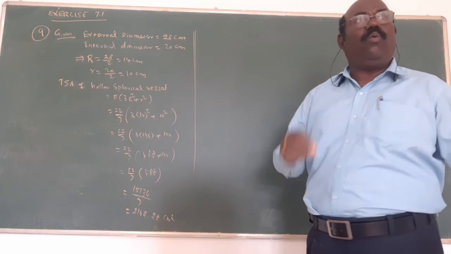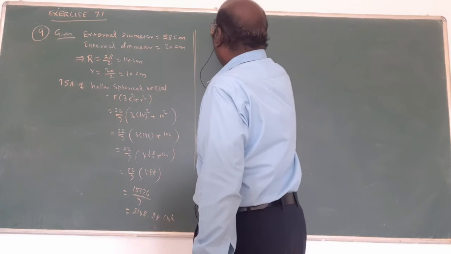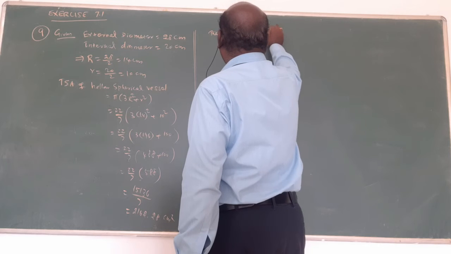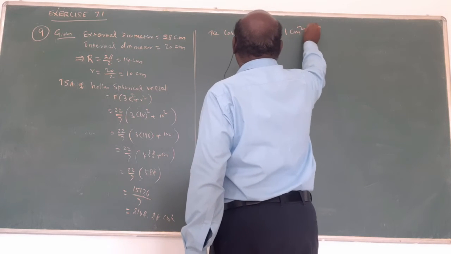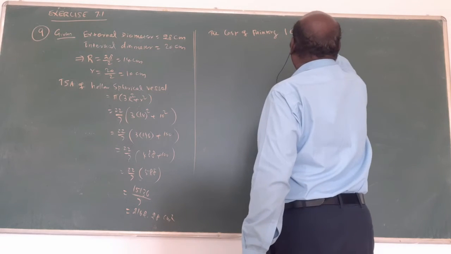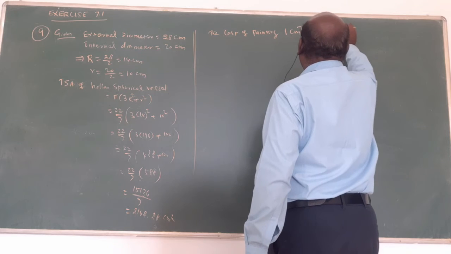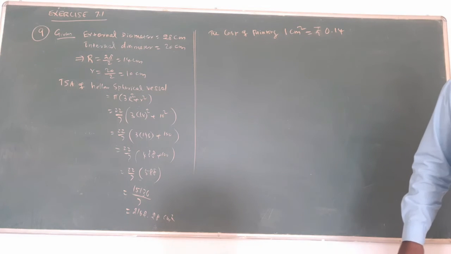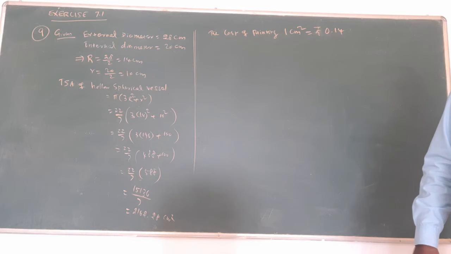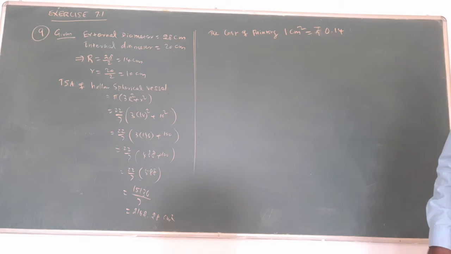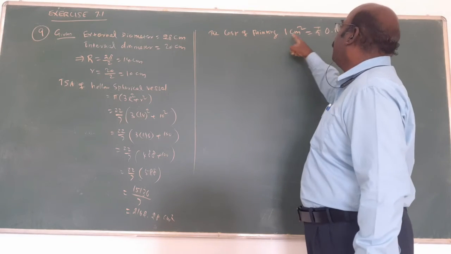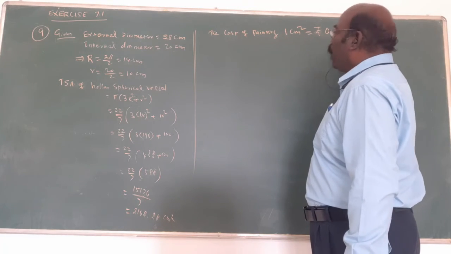The cost of painting 1 centimeter square is rupees 0.14, given. See the question clearly.